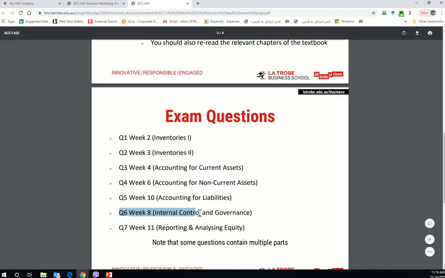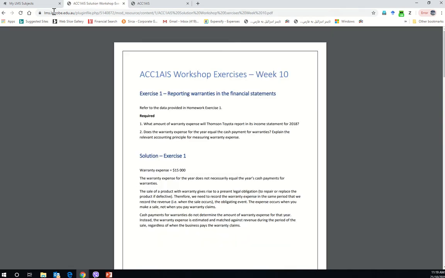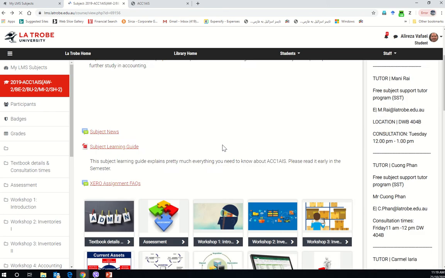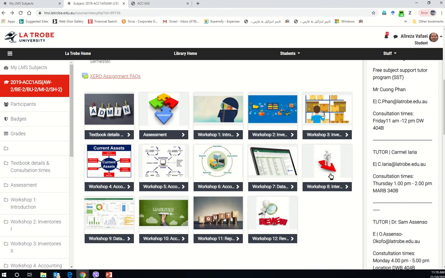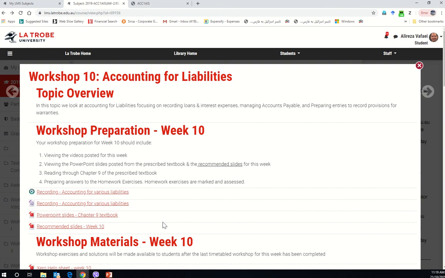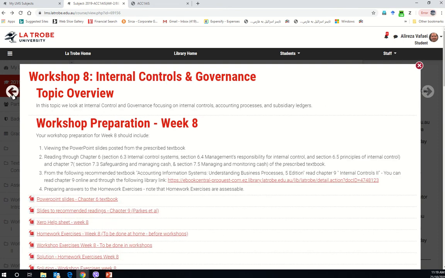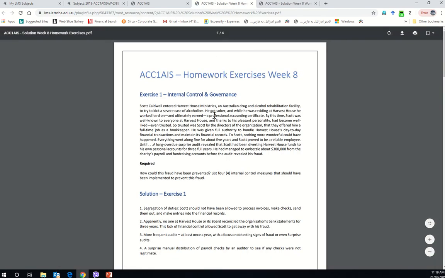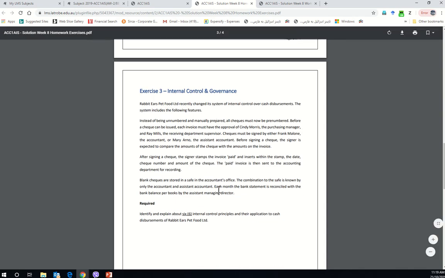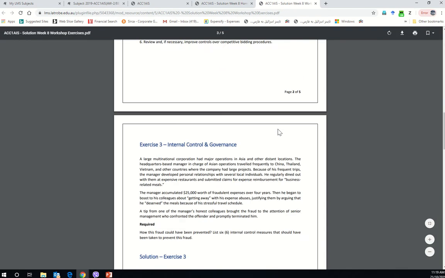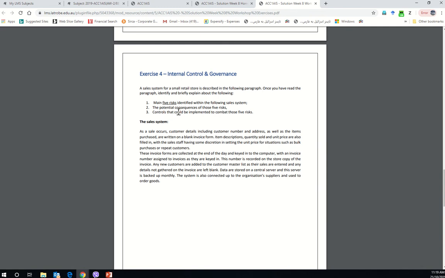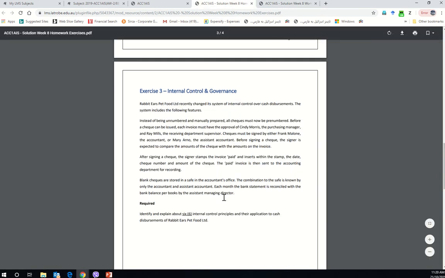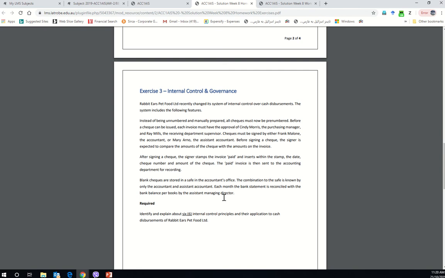Okay. Then week 8 or question 6, internal control and governance. The question related to here would be a case study type question. We reviewed a number of case studies here, but my advice is that you start from exercise 3 from the homework, and then exercise 4 from the workshop, because exercise 3 from the homework is an example of the best practice.